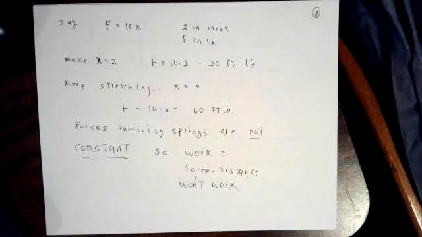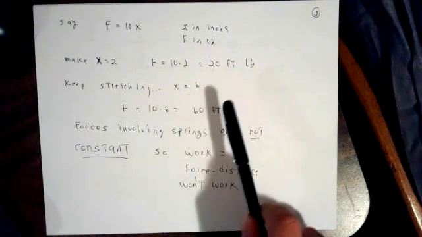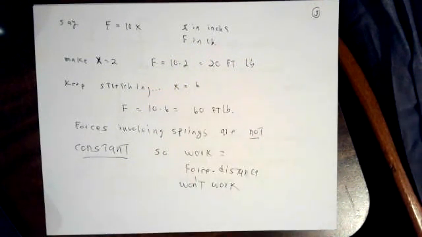Suppose you had a spring and its force displacement relationship was force equals 10 times x. If x were 2, the amount of force associated with displacing the spring to 2 units is going to be 10 times 2, which is 20, and we'll assume we're doing foot-pounds.